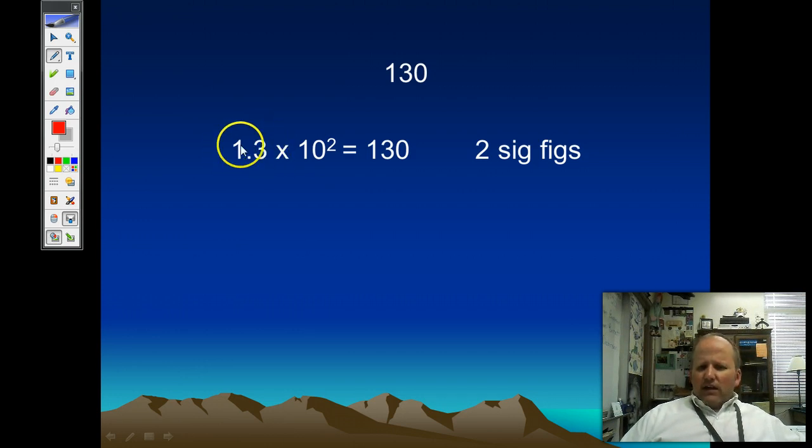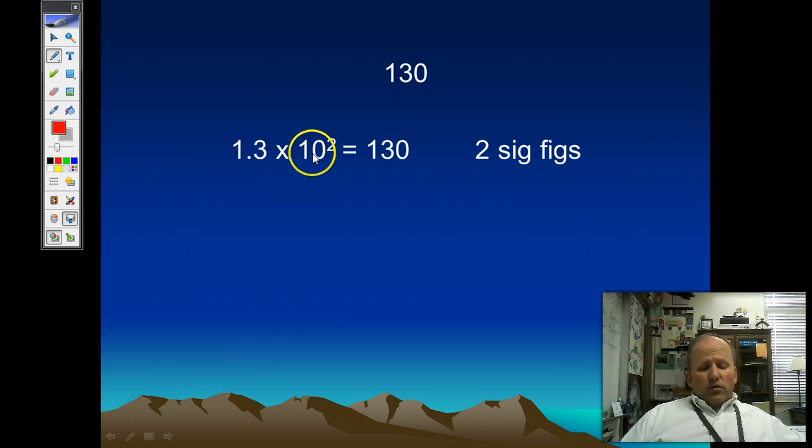If you say 10 point something, you could easily turn it into 1 point something and simply make the exponent behind the 10 a different number. And as a quick review of scientific notation, please note that the 2 means we move the decimal point 2 to the right. So that's how we get 130.